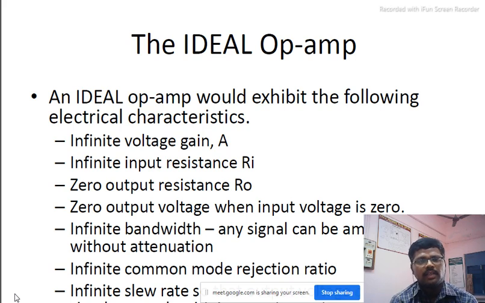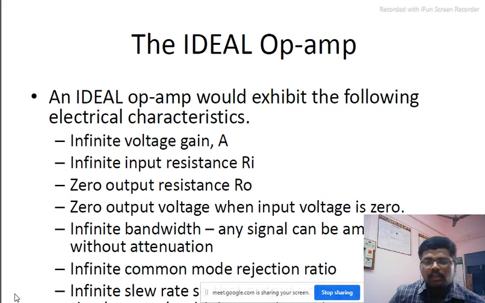Infinite voltage gain. Next, infinite input resistance. Next, output resistance is 0, and also output voltage is 0 when the input voltage is 0.